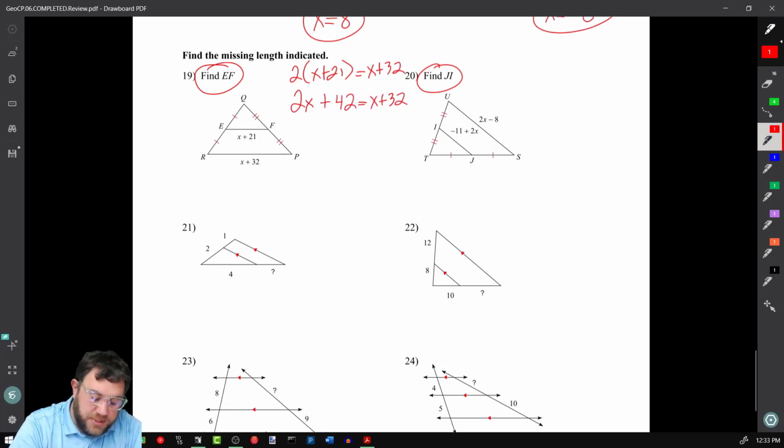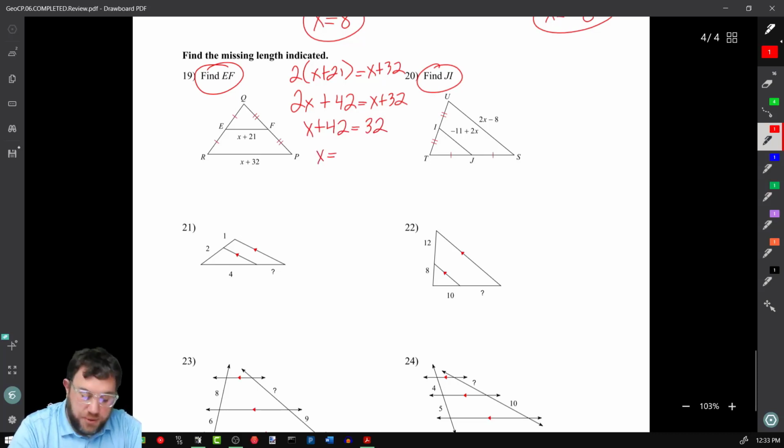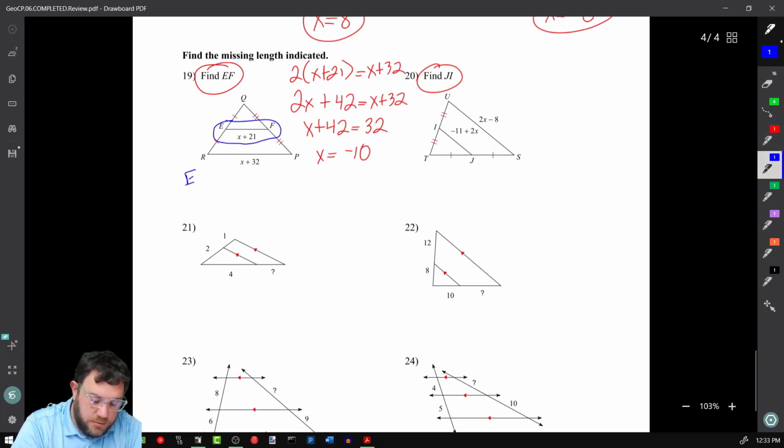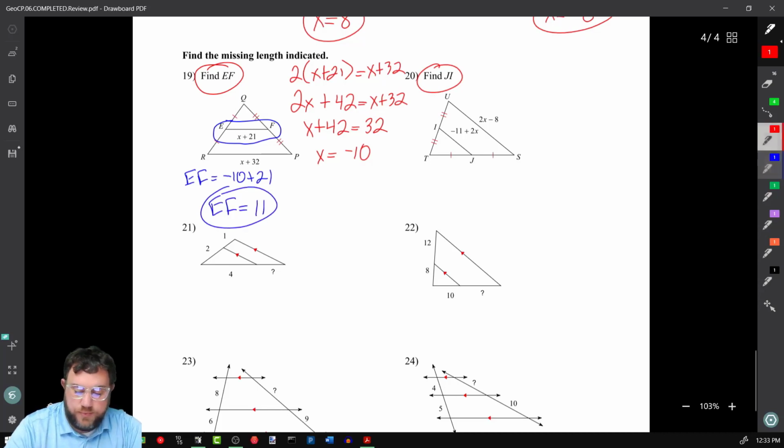Subtract x from both sides, so we get x plus 42 equals 32. Subtract 42 from both sides, so x equals negative 10. We want to find EF. So EF equals negative 10 plus 21. EF equals 11.